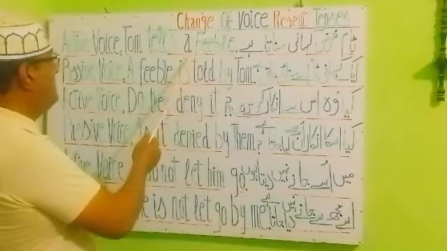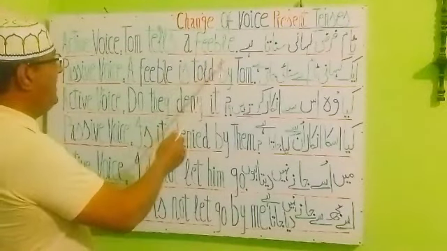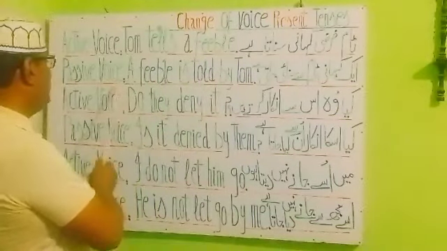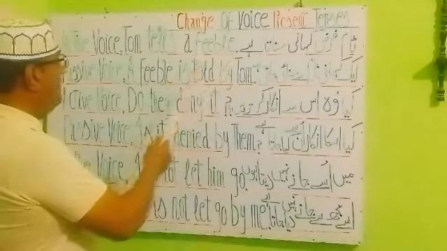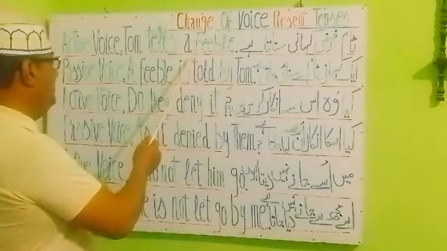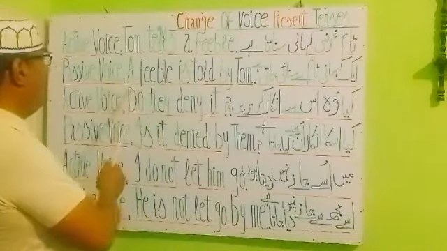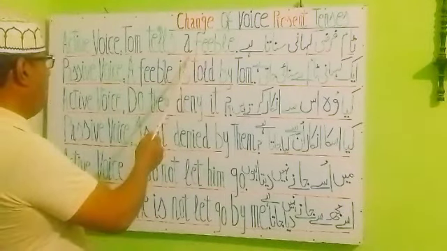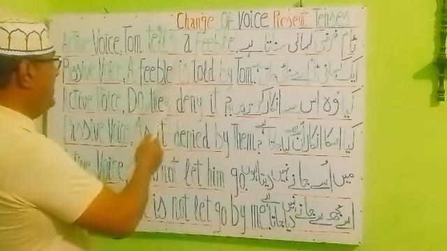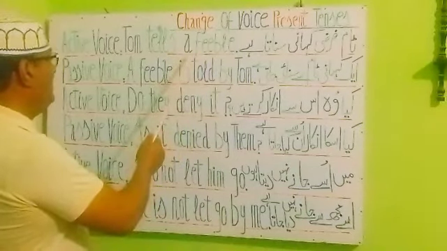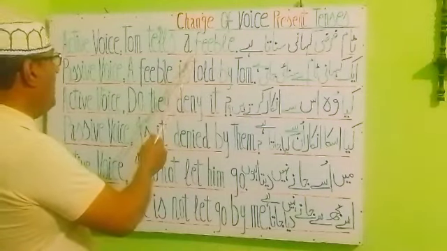So this object is certain to be a subject in the passive voice. A fable is an object here. So when we write the statement in passive, we will make this noun, a fable, the subject.